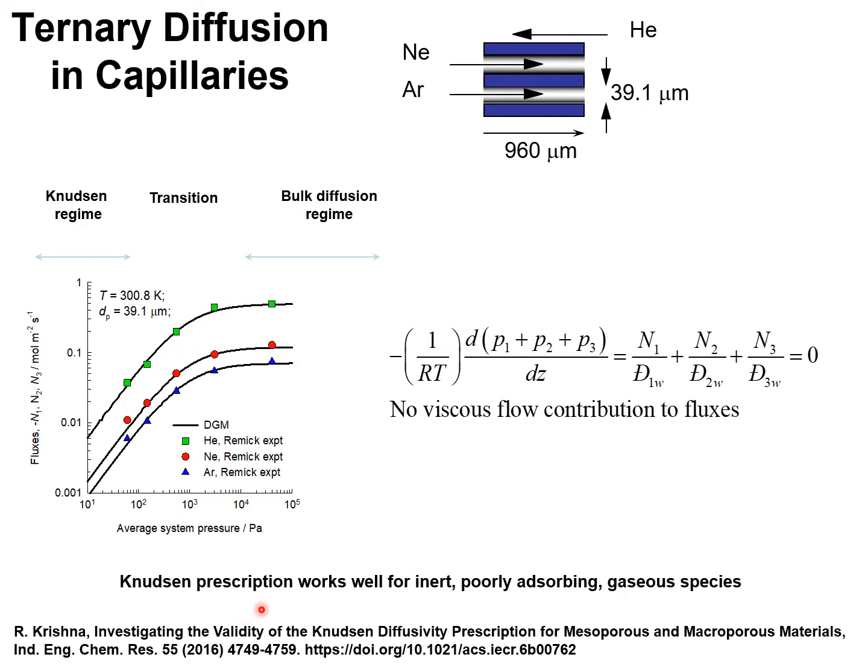The Knudsen prescription works well for inert, poorly adsorbing gaseous species, as is the case for helium, neon, and argon that have poor adsorption strength inside the glass capillaries.